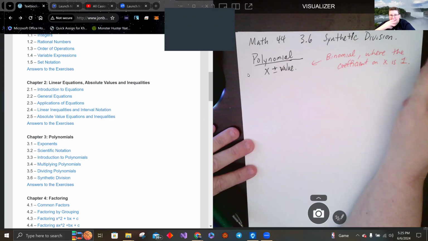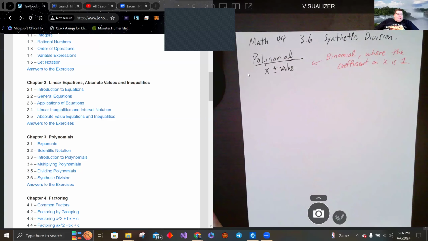And rather than give you a written set of rules, we're just going to do it. And I have all the problems we did before in 3.5, we're going to redo again with synthetic division.